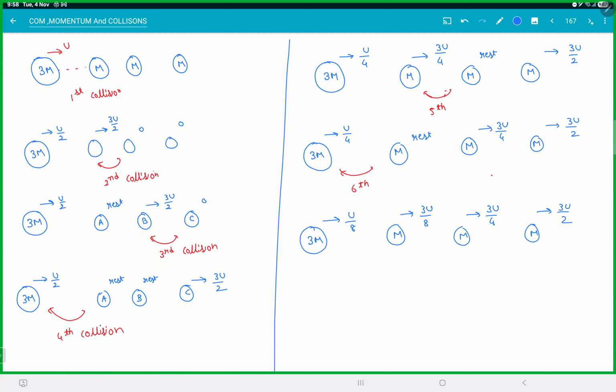They will separate out. Any doubts on this? Got this? Let's see one more.